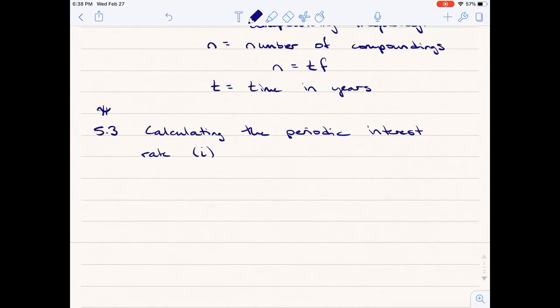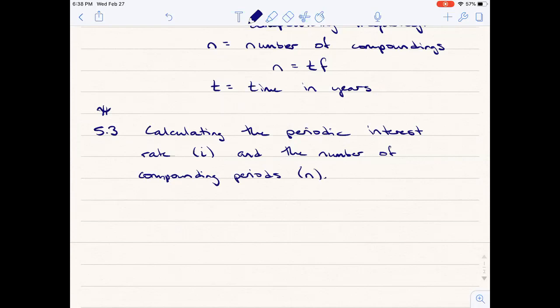Because remember, what was uppercase I? Uppercase I was the amount of interest in the simple interest scenario, right? So lowercase i is the periodic interest rate. And the number of compounding periods, basically solving for n.